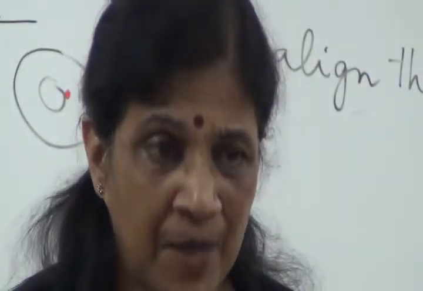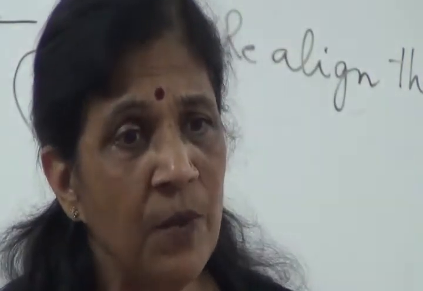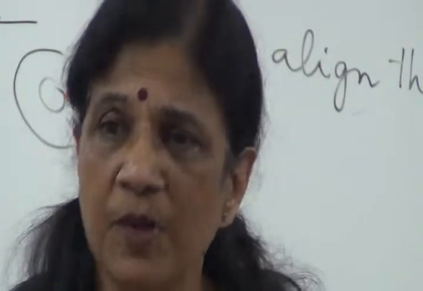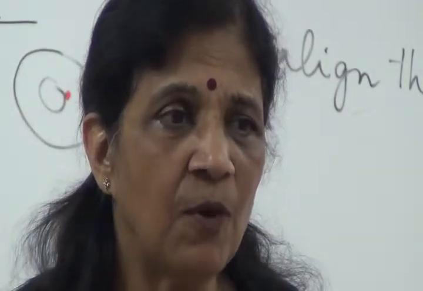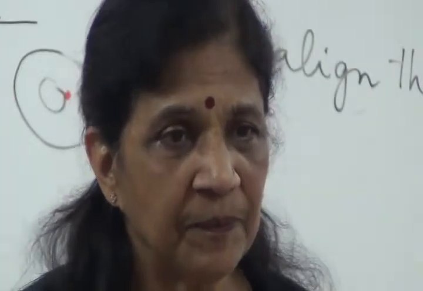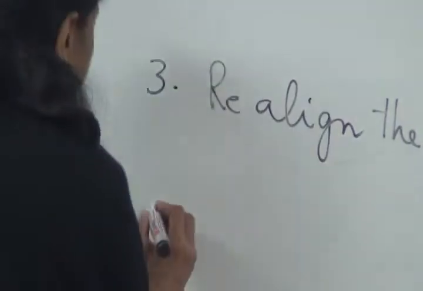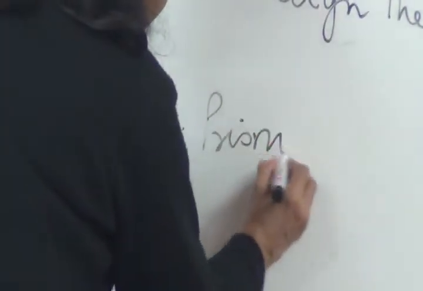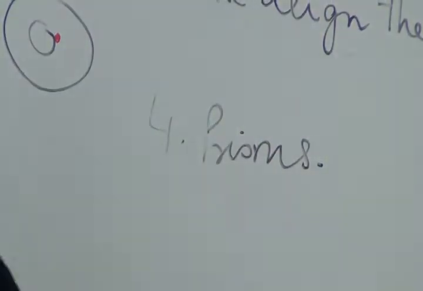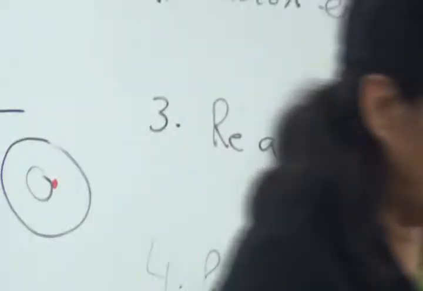Right? So sometimes you may realign and you may have a residual small deviation. That can be corrected with the help of prisms. Right?